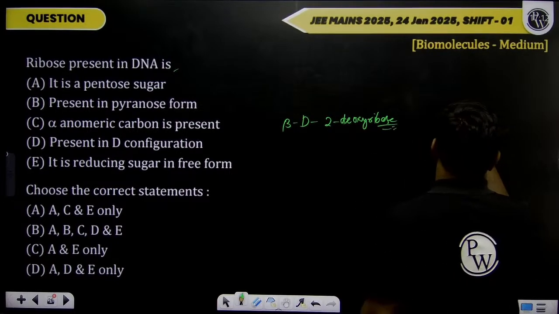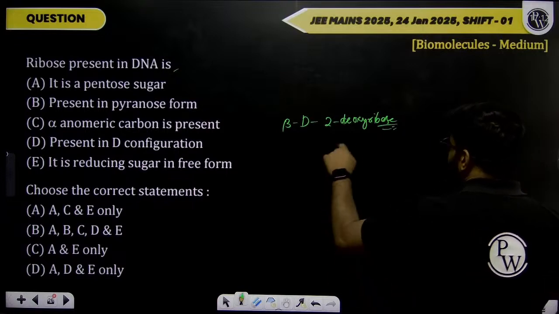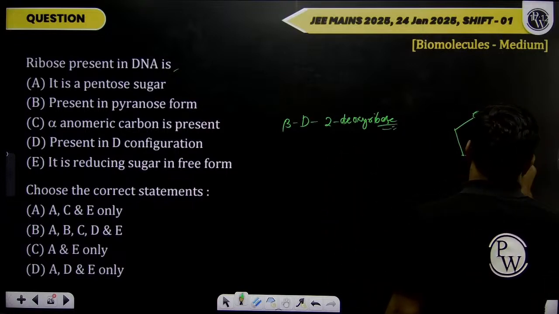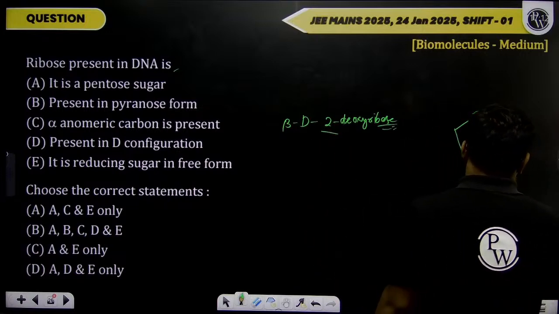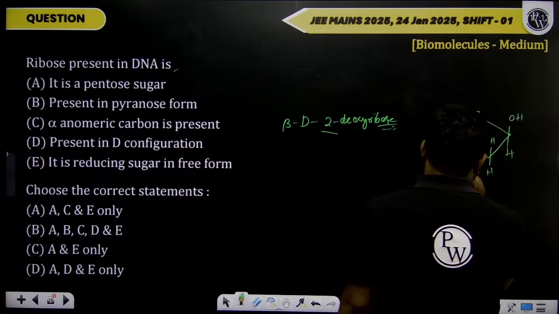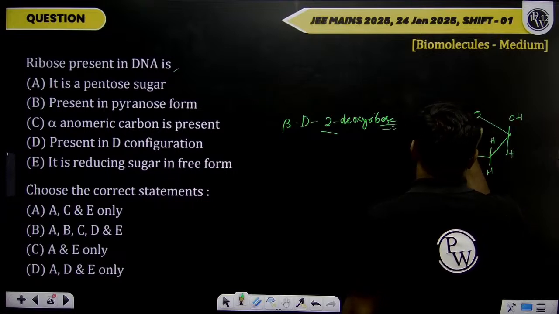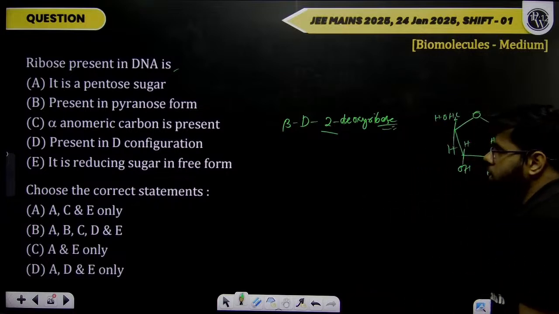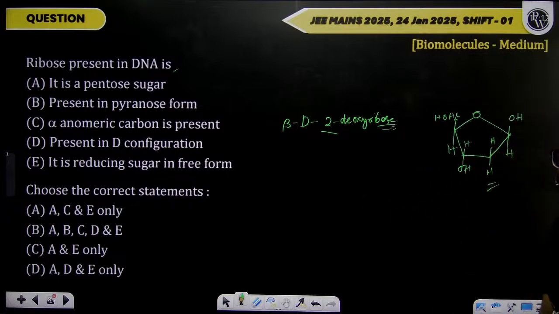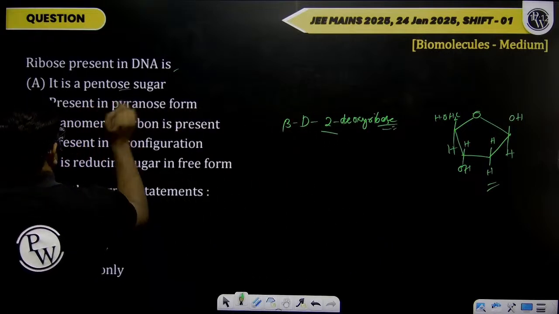Structure of this one is here, beta means OH will be up, H down. Now in 2 you have deoxy, means here the OH group will be replaced with hydrogen, here OH and H, here it should be CH2OH and H. This is the only ribose which is present in DNA. First of all, what they have given is a pentose sugar.